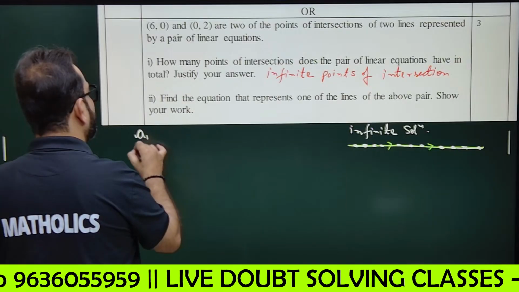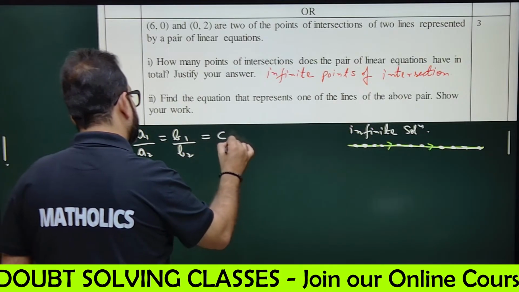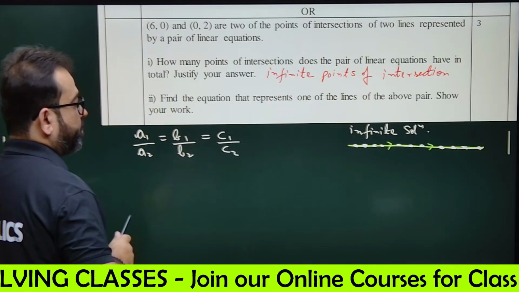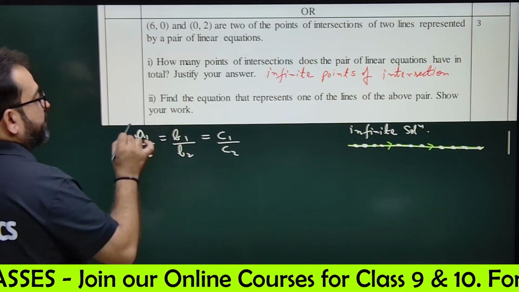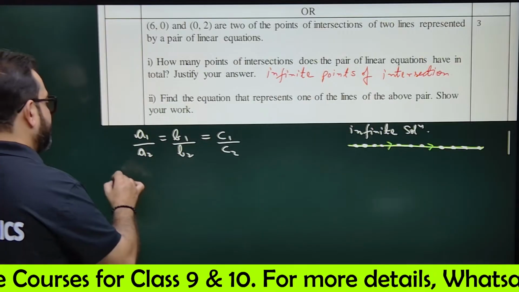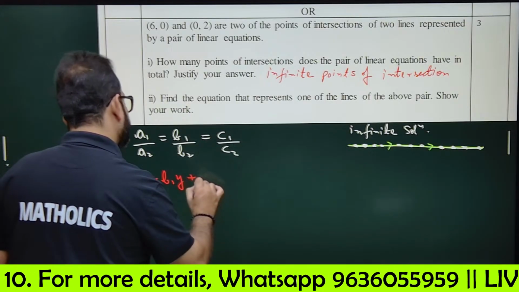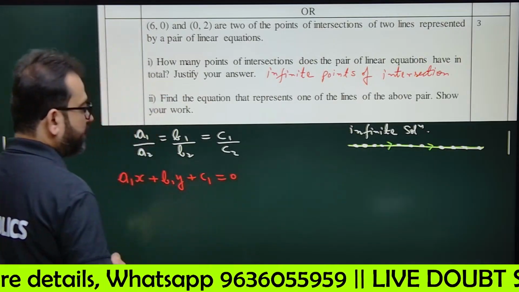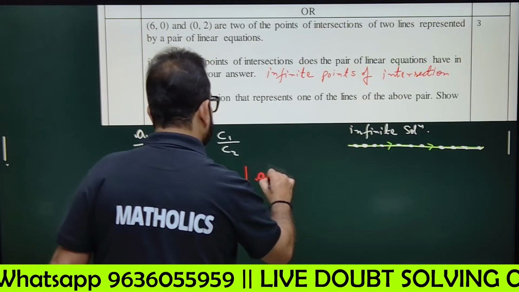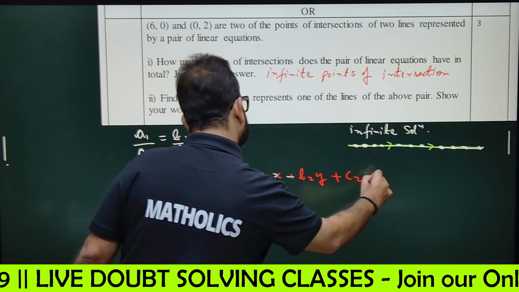The condition will be a1/a2 = b1/b2 = c1/c2. So if one equation is this, find the equation that represents one of the lines: a1x + b1y + c1 = 0. Another equation will be a2x + b2y + c2 = 0.